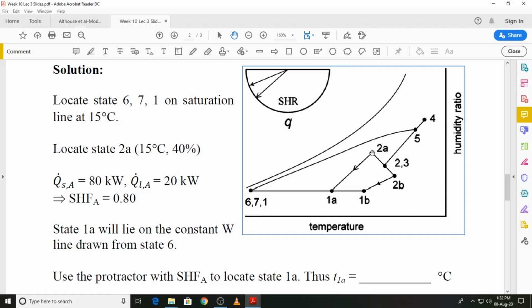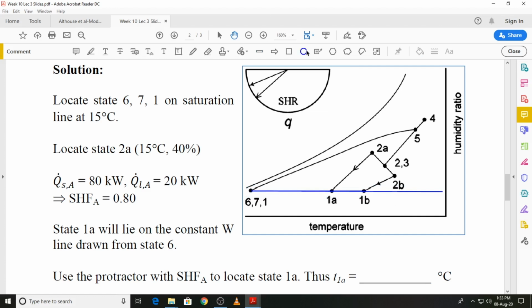So we know that state 1A will lie on a straight line drawn from state 6, because from 6 to 1A and from 6 to 1B we have the reheating, and that is just a sensible heating process. So from state 6 you will draw a line of constant humidity ratio, and both states 1A and 1B must lie on this line.